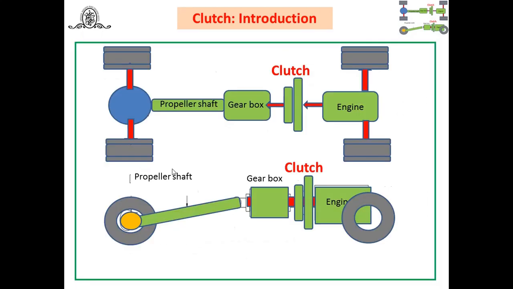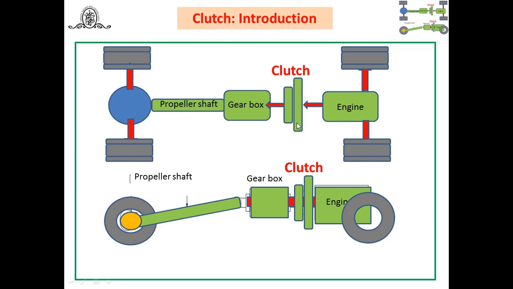Then you know very well where the clutch is used. Look at this figure: it is a vehicle, an engine, and a gearbox. In between the engine and gearbox, there is a clutch. Whatever motion and power you get from the engine is transmitted to the rear wheel through the propeller shaft and the gearbox. But how to give this power to the gearbox? In between, a clutch is used.